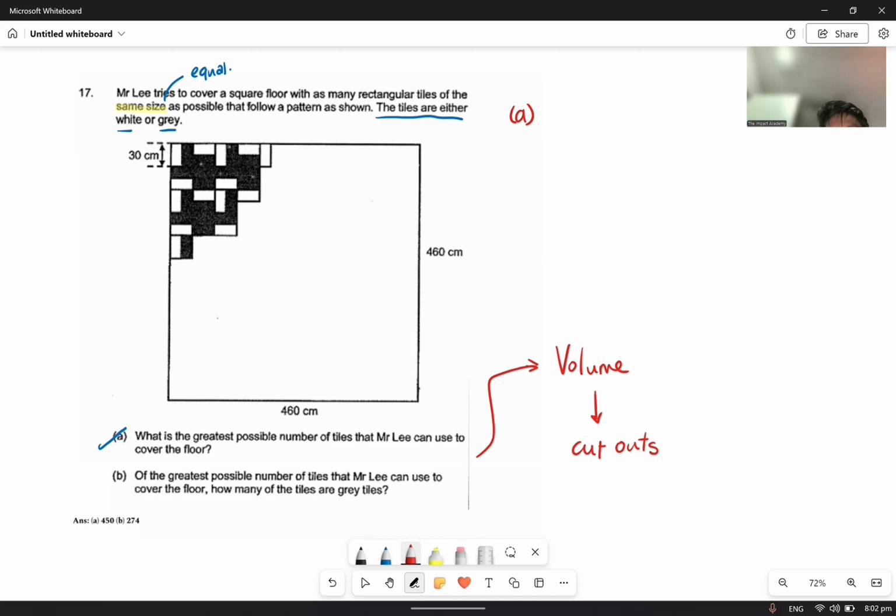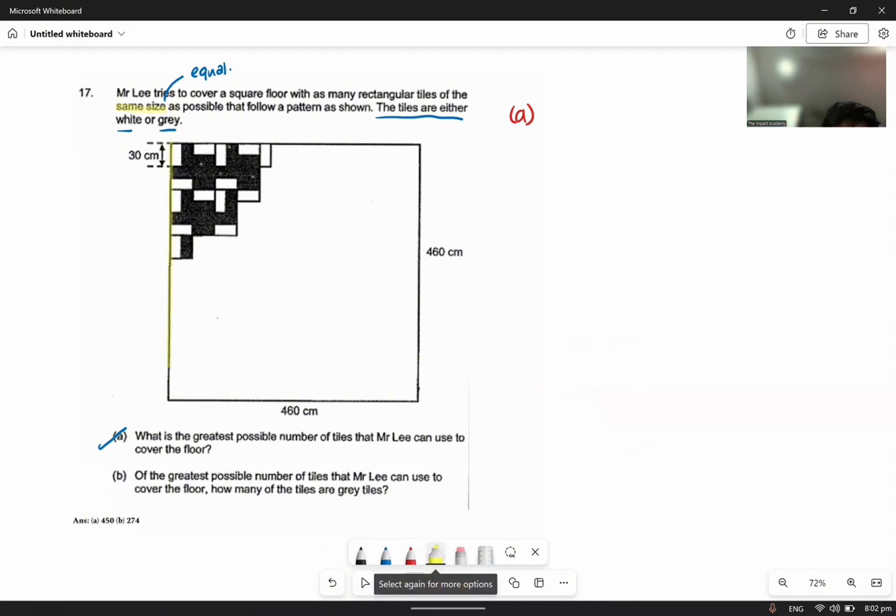I know this is under area and perimeter, but if you view it from the volume cutout lens, then you will realize that all you need to do is to find how many tiles I can fit on the breadth. Or in fact, because this is a square floor, it means that it is the length. Am I making sense? Yes.